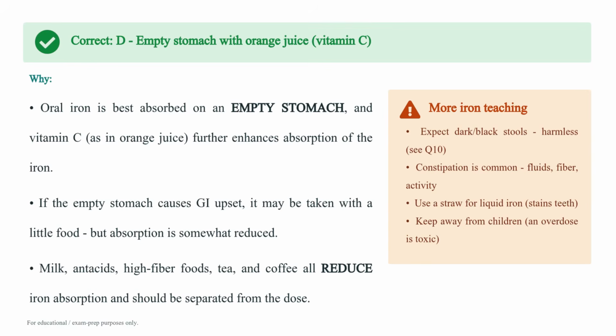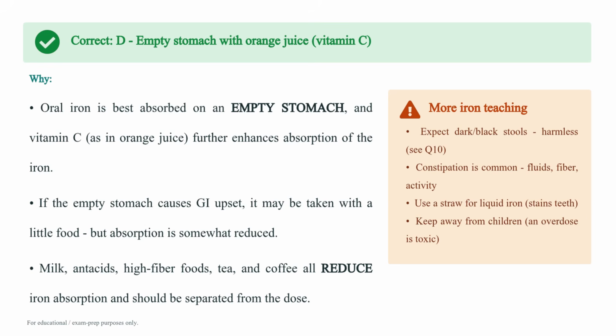The answer is D. Take it on an empty stomach with a glass of orange juice. Oral iron is best absorbed on an empty stomach, and vitamin C, as in orange juice, further enhances absorption. If the empty stomach causes stomach upset, it can be taken with a little food, though absorption is somewhat reduced.